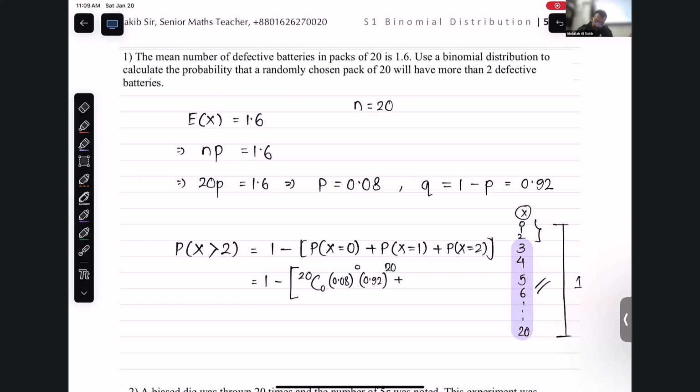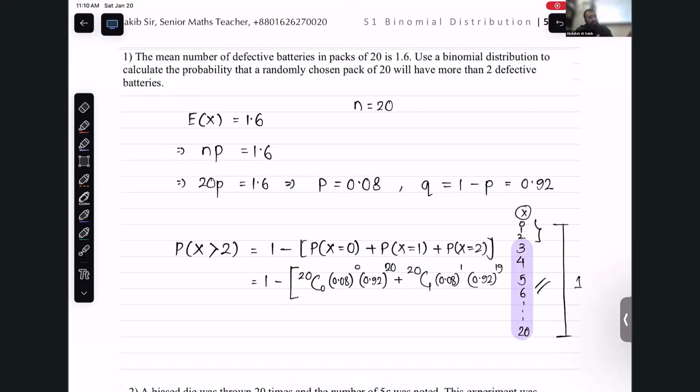Plus, next is out of 20, 1 will have defective batteries and 19 will not have any defective. Clear? So that is mainly 20C1 times 0.08 times 0.92.